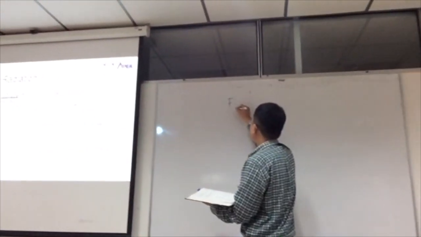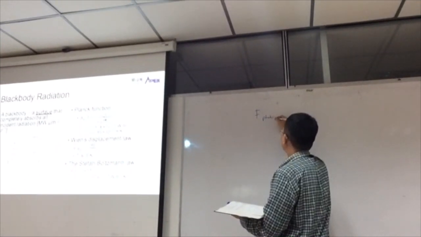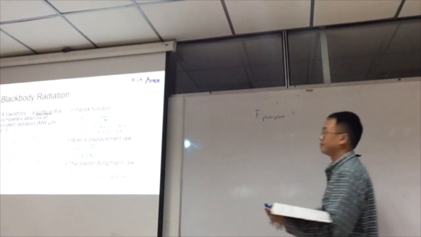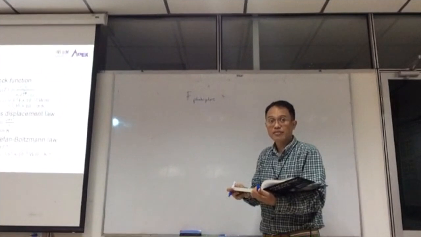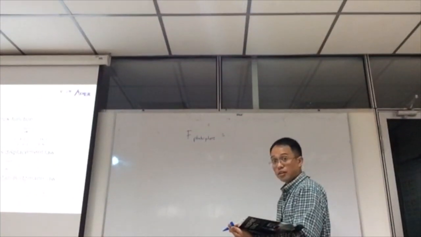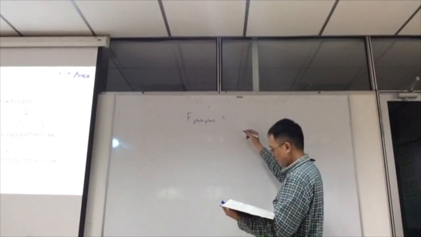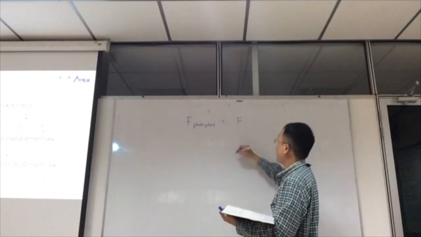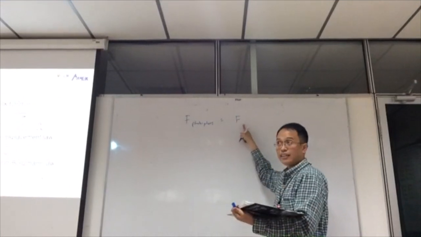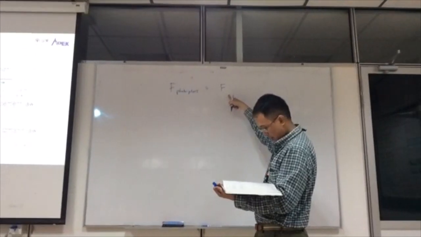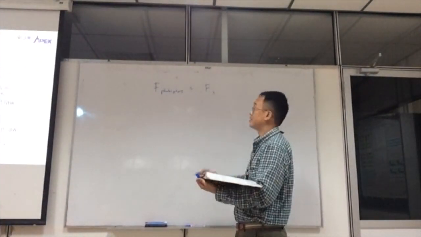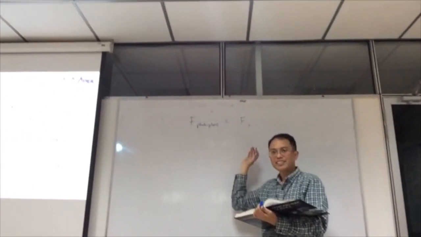You want to calculate F at the photosphere. We don't know that. We just have F on Earth. So F photosphere is equal to F on Earth, but not exactly.